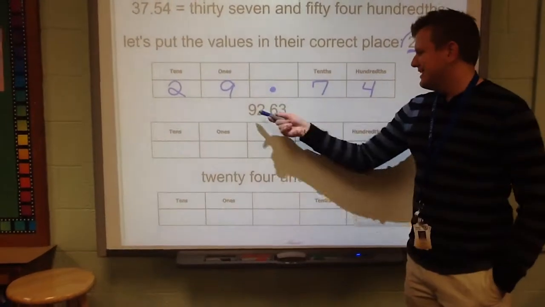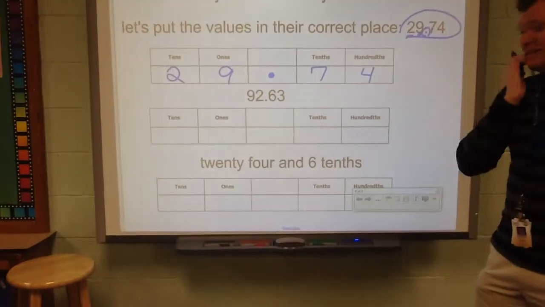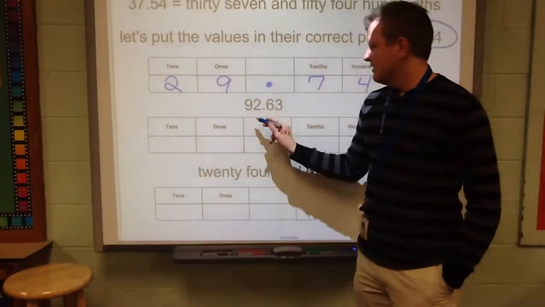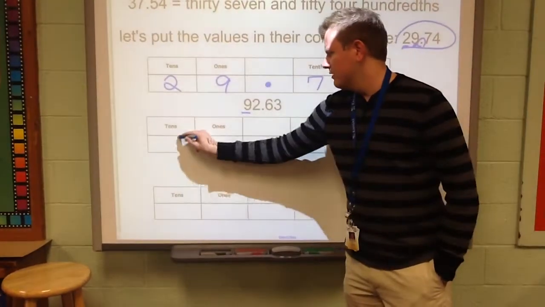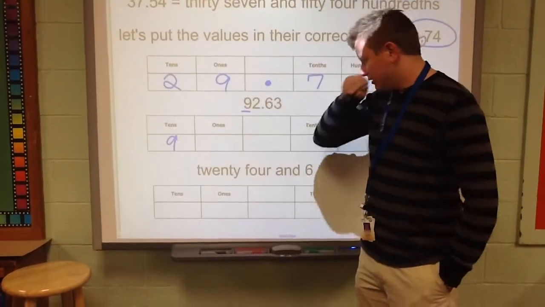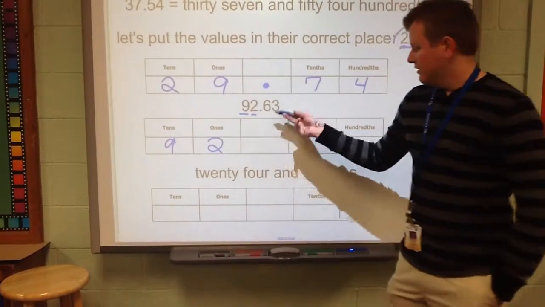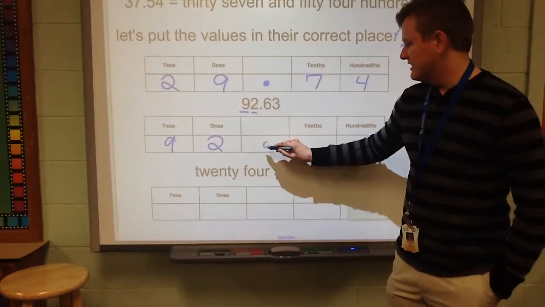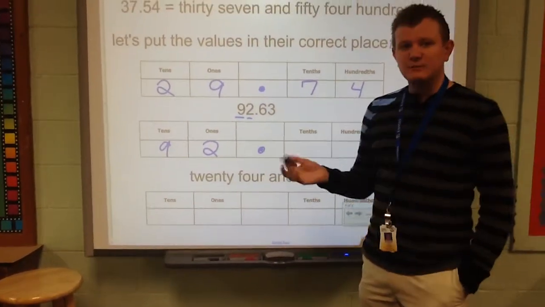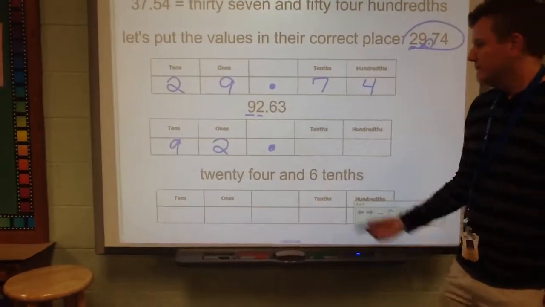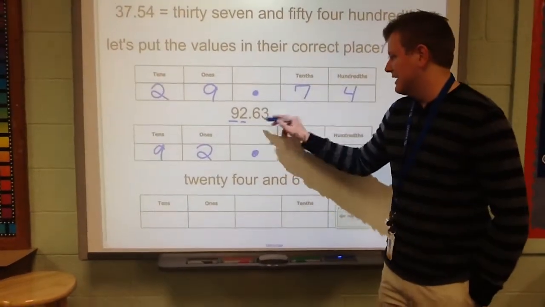Let's go down one. 92 and 63 hundredths, okay? The 9 is in the tens place value. I'm going to put my 9 there. Excuse me, the 2 is in the ones place value. I'm going to put my 2 there. This empty space, that's where the decimal goes, okay? If you forget the decimal or you move it around, it's not going to be the right number. It's not going to be the same number.